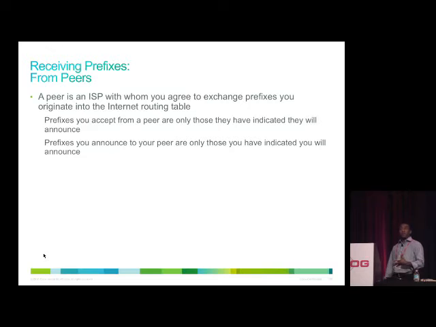Receiving prefixes from a peer, usually this is based on an agreement. The two parties agree what prefixes to receive and send, and then they will implement their filters to receive, send and block prefixes from the different service providers.